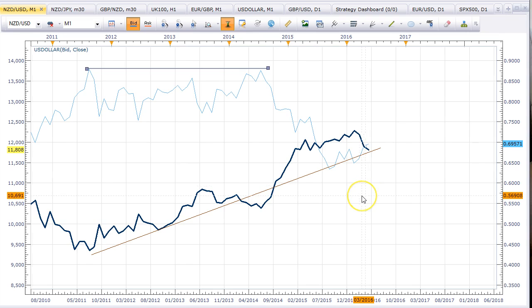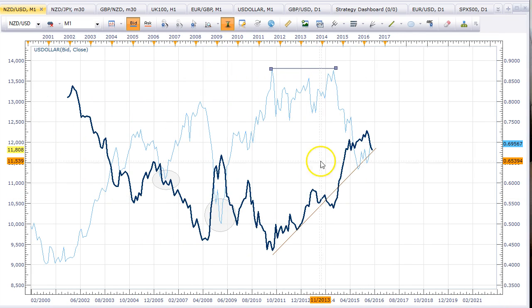And the dollar has come from a long way. If you look back, the dollar has come from these levels. So it's made up about 2/3 of that rise, but there's still room to appreciate.